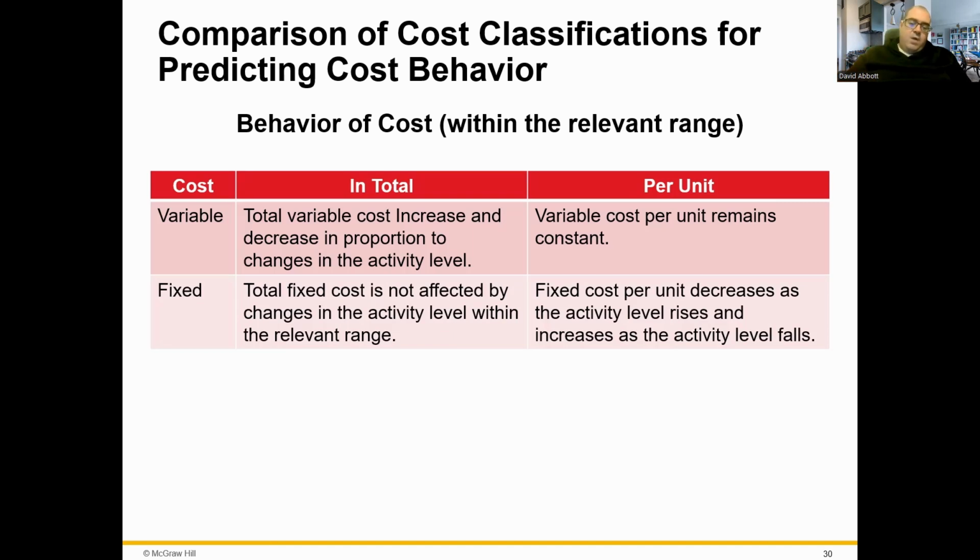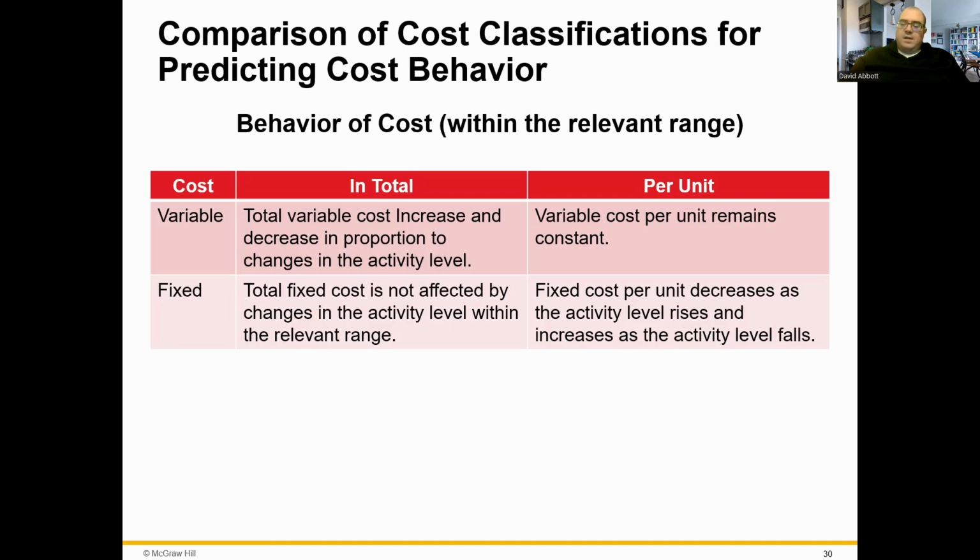So again, the relevant range for a fixed cost is the range of activity over which the graph of the cost is flat. And it is helpful to think of variable and fixed cost behavior in a 2x2 matrix.